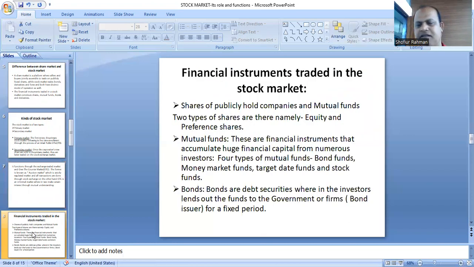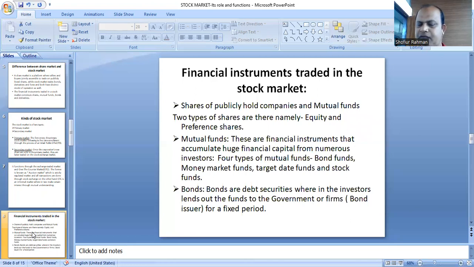Financial instruments traded in the stock market: shares of publicly held companies and mutual funds. Two types of shares are there, namely equity and preference shares. Next one is mutual funds. These are financial instruments that accumulate huge financial capital from numerous investors.